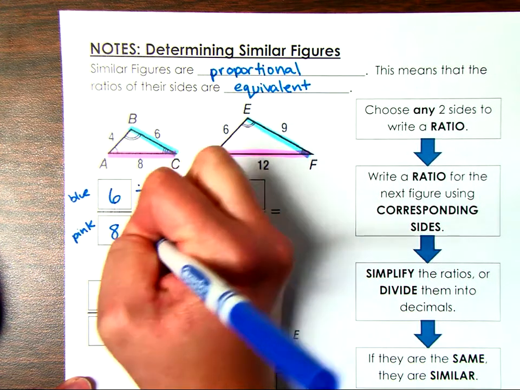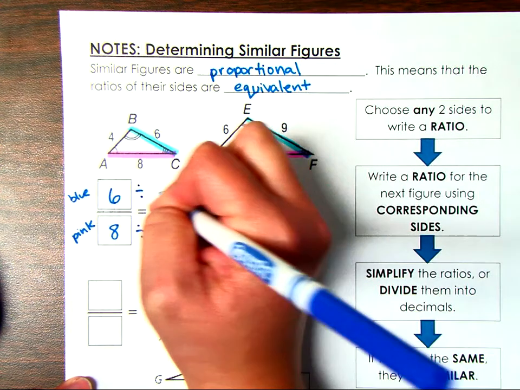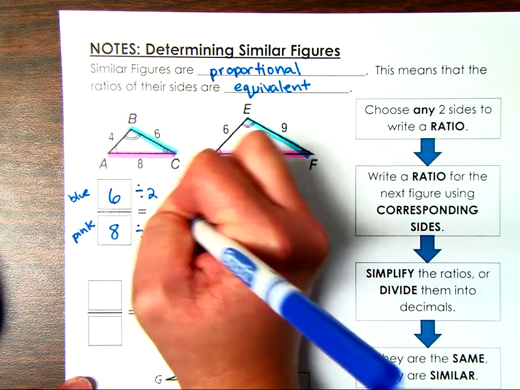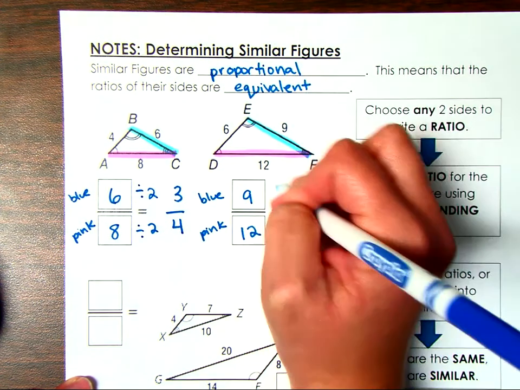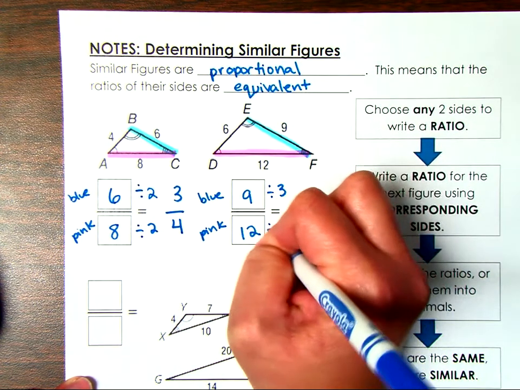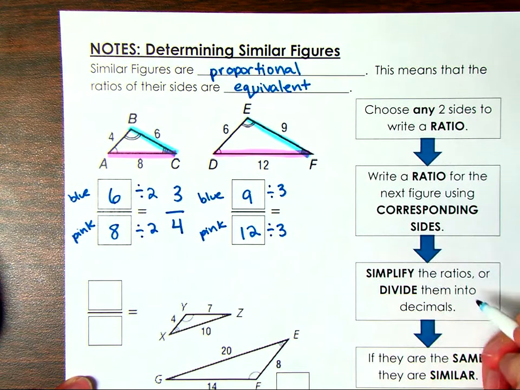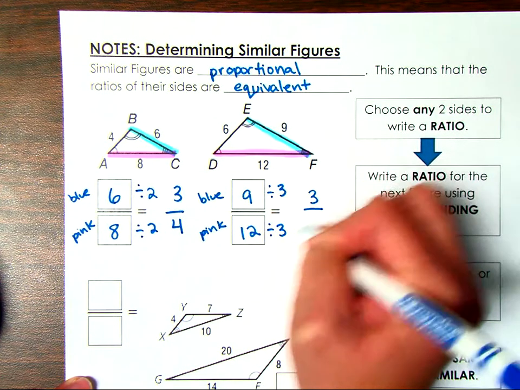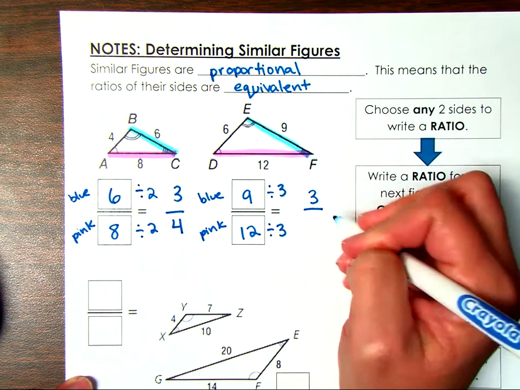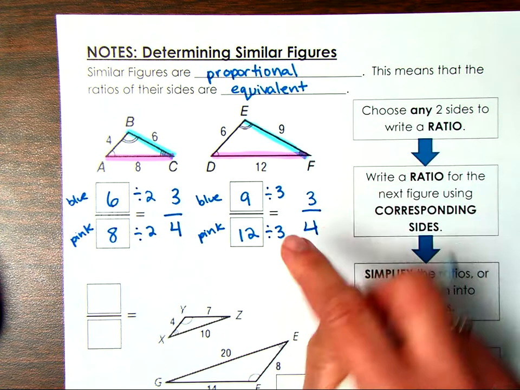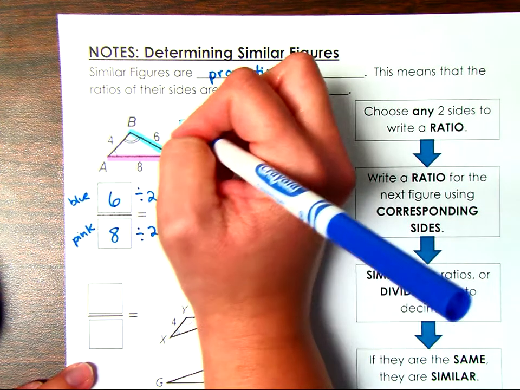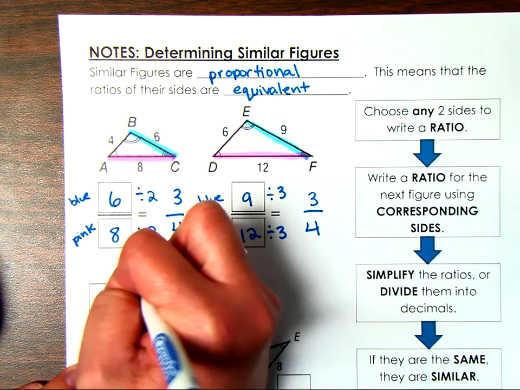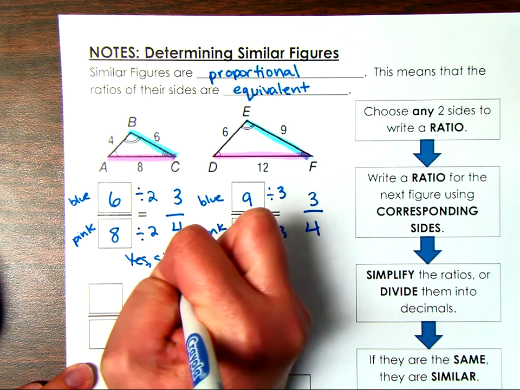I can reduce both of these by their common factor of 2, and that gets me 3 to 4. Then 9 to 12, I can reduce by their common factor of 3. 9 divided by 3 is 3. 12 divided by 3 is 4. So if they reduce down to the same thing, we would say these triangles are similar. So we can say yes, similar triangles, because their simplified ratios are the same.